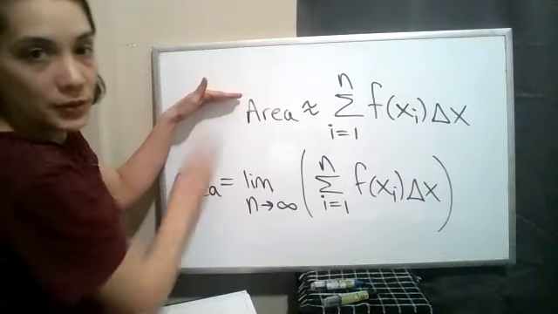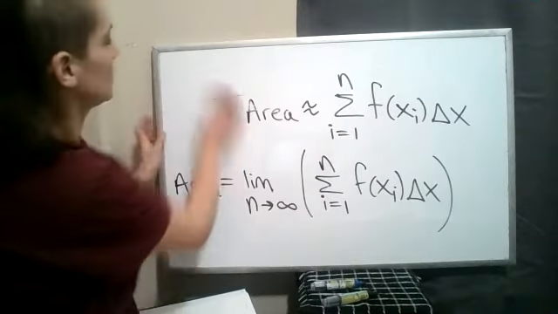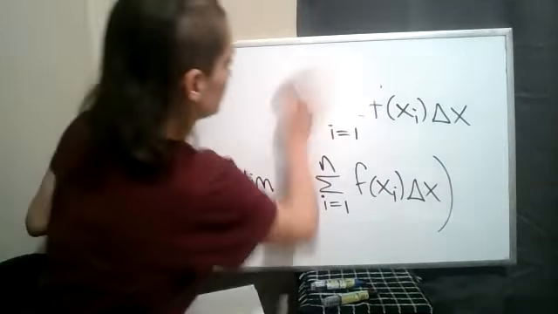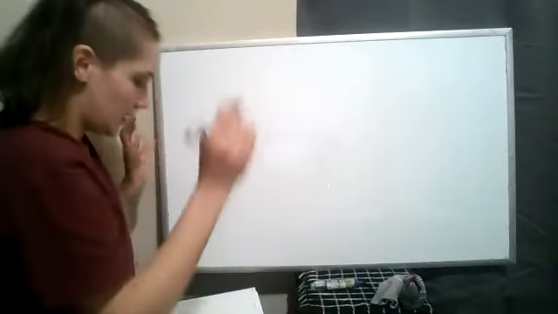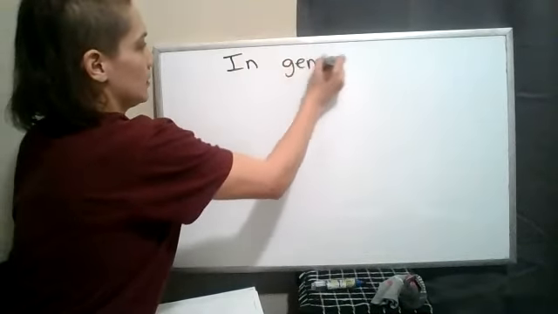So again, both of these are specific to right-hand endpoints. In general, let x sub i star be a sample point.